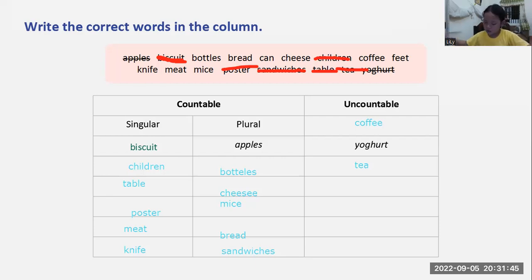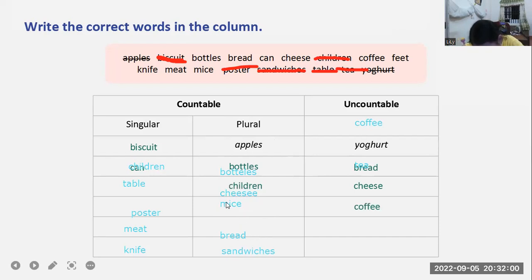It's okay, teacher. Okay, so let's check. We have here bottles, bread, what else? Cheese, children, coffee, meat, knife. Okay, so these are the answers.